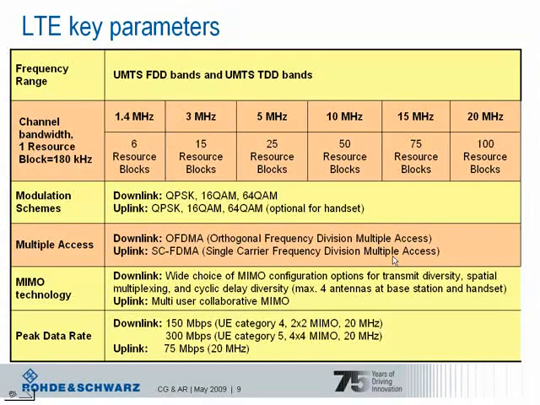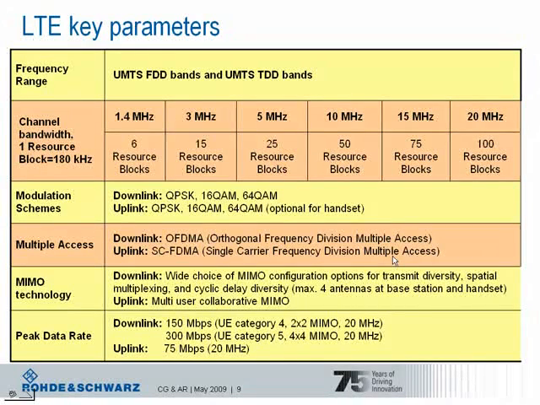For example, transmit diversity, spatial multiplexing, and cyclic delay diversity, and we can have a maximum of 4 antennas at the base station, which is defined in the standards, and also a maximum of 4 receive antennas at the handset, which is of course quite challenging. In the uplink, a multi-user collaborative MIMO is supported, so several users can share the same resource block assignment. We will see a detailed introduction to MIMO at a later part.